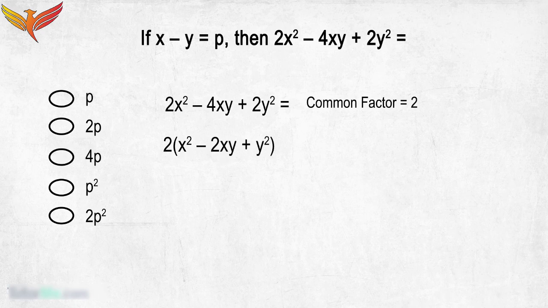Hopefully you will recognize this result as a perfect square trinomial from the factoring differences of squares lesson earlier. Remember that these commonly show up on the GRE, so be sure to understand and recognize them. Using the formula, we can write our equation as 2 times x minus y squared. Looking back at the given problem, we know that p equals x minus y, so we can substitute it in and get our final answer, 2p squared.